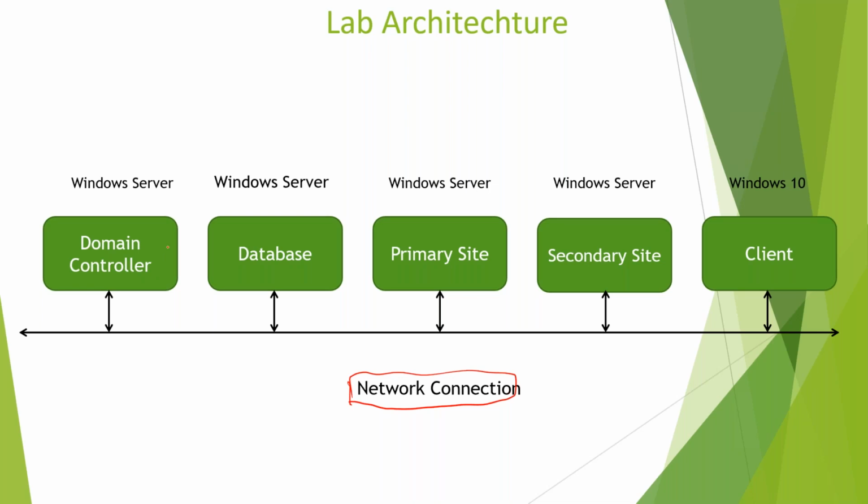You will have 4 different servers: domain controller, database, primary site, secondary site, and one client machine, Windows 10 or Windows 11. All will be connected on the same LAN network so that they can talk to each other. That will be our lab architecture, either on local or on Microsoft Azure Cloud Data Center.